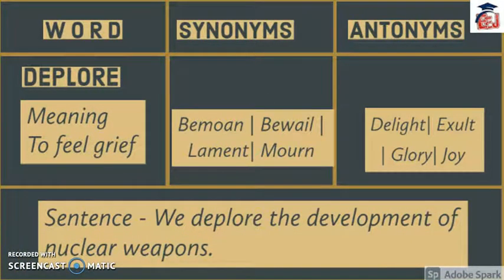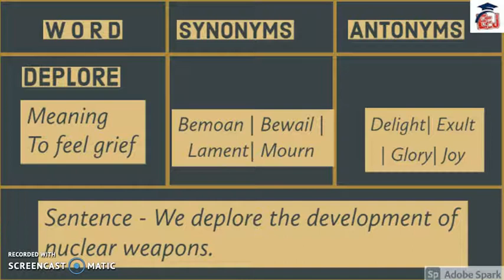Deplore. Deplore means to feel grief, to feel pity for others. Some synonyms: bemoan, bewail, lament, moan. Antonyms are delight, exult, glory, joy. Now let's look at the sentence. We deplore the development of nuclear weapons.